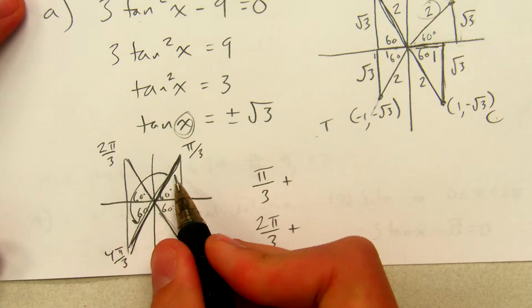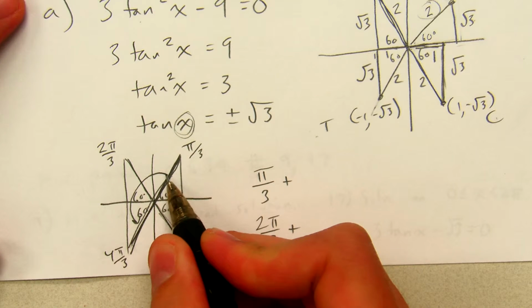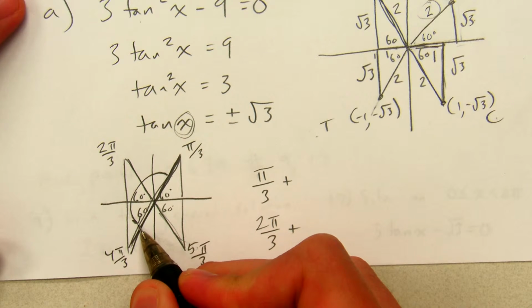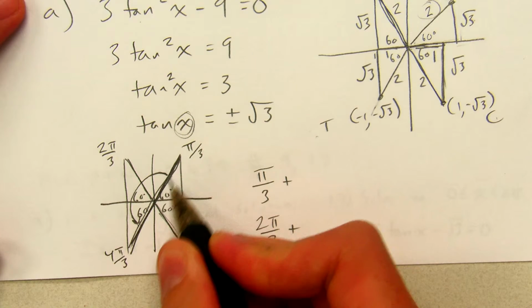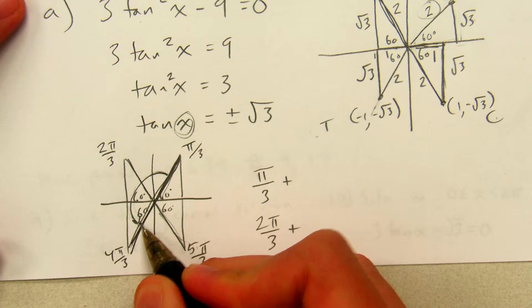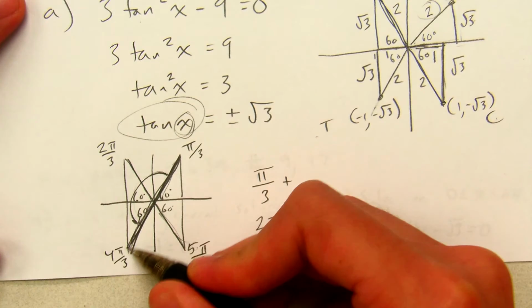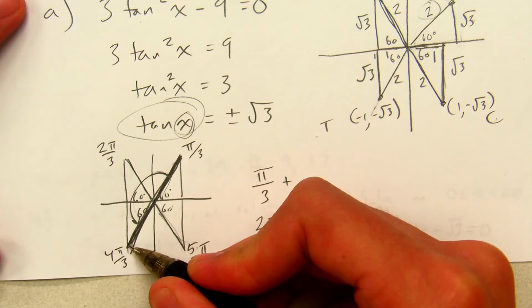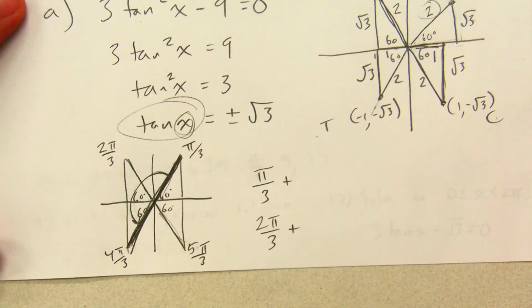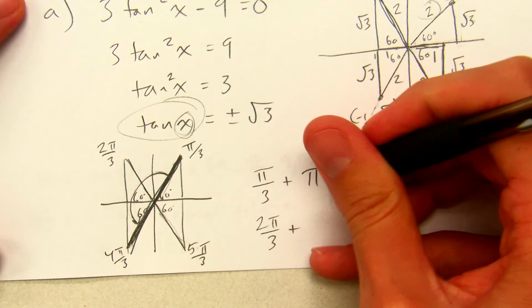So instead of going around a full 2 pi to get to the next solution, I can go around exactly pi. And then if I add another integer multiple of pi, I get back to another solution. If I add another integer multiple of pi, I get to another solution. So for tangent, only for tangent, because the solutions are spaced evenly apart, instead of saying all 4 of them plus 2 pi n, I can say this one plus 1 pi n.